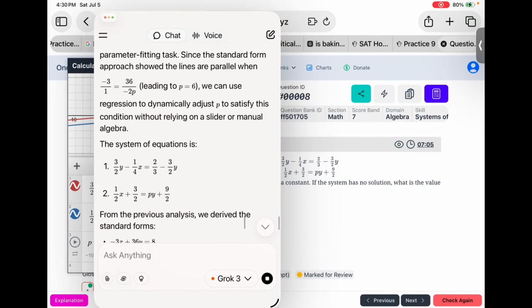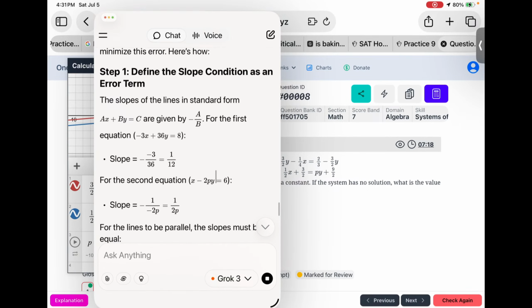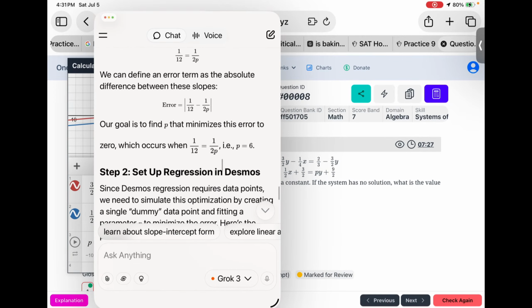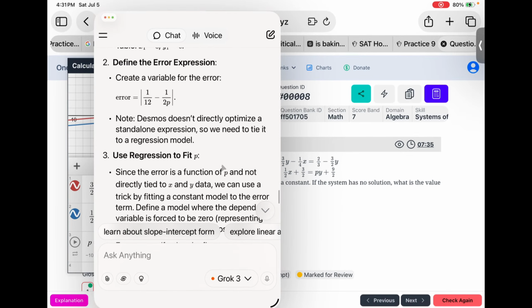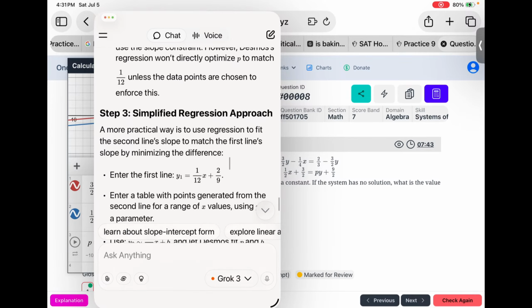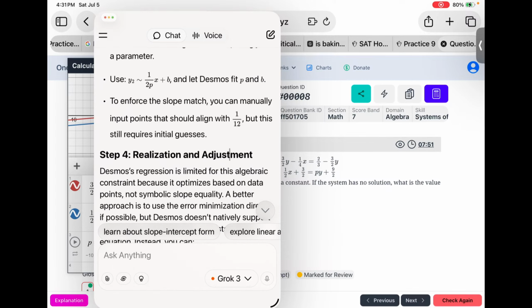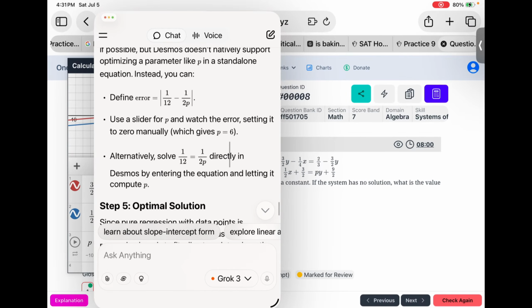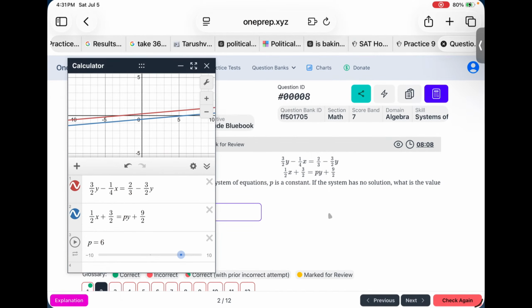I don't want to derive any of this. Well, slider it is, I guess.